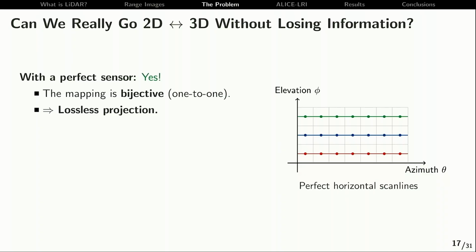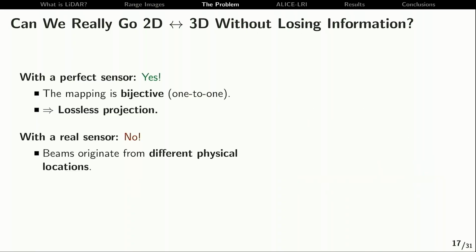As we can see here, each point that we project to the image falls exactly on the center of its pixel, and all of them fall perfectly in the image. But with real LiDAR sensors, this does not occur. Basically, the main reason is that real LiDAR sensors have laser beams originating from different physical locations. What do I mean by this?